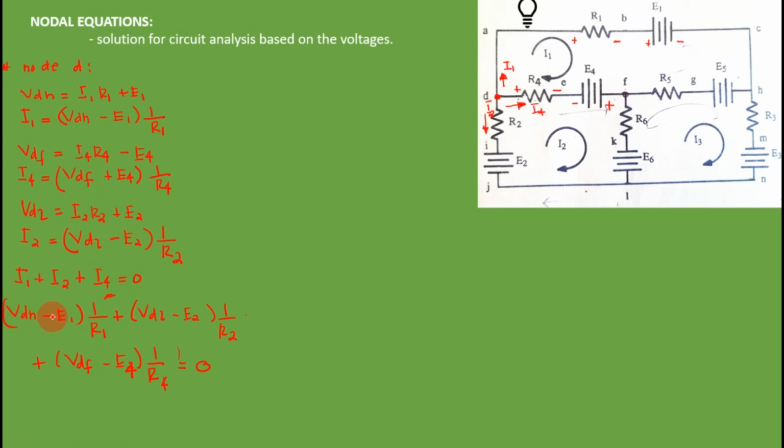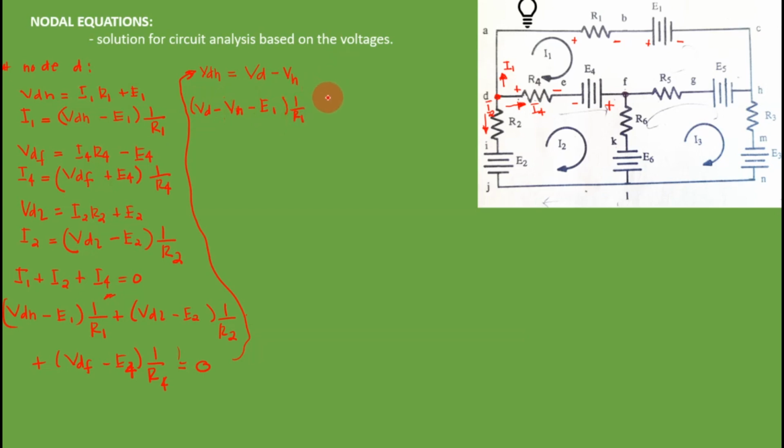Now we have to get the individual point voltages. We know this concept already. For instance, V sub DH is actually equal to V sub D minus V sub H. Therefore, we will just get the point voltages here. I am now going here just for the sake of clarity. So we are to get the point voltages in this equation. So you have V sub D minus V sub H minus E1, again over R1.